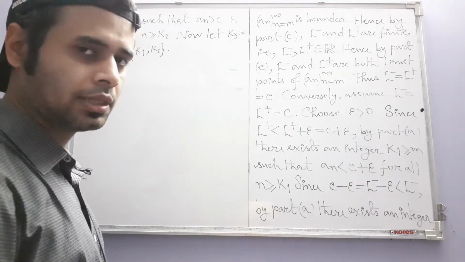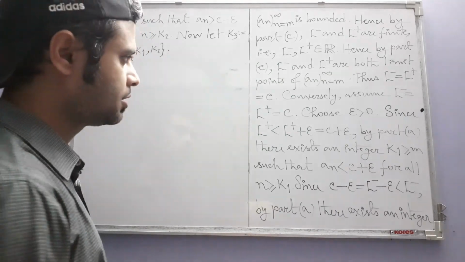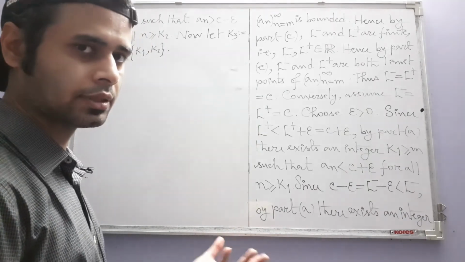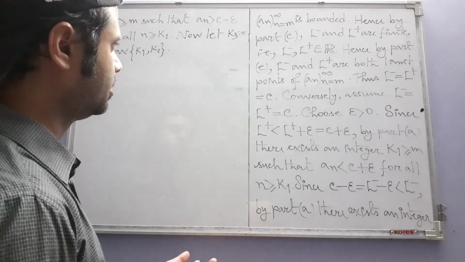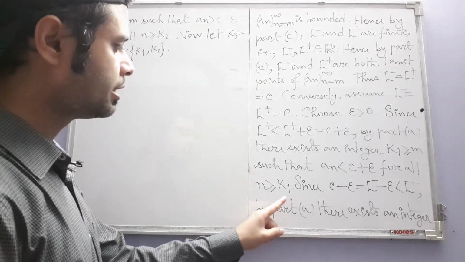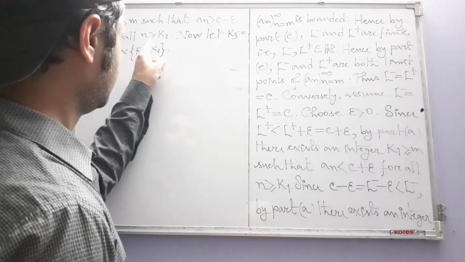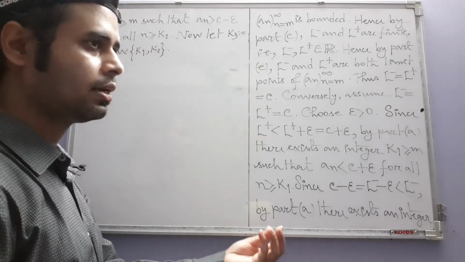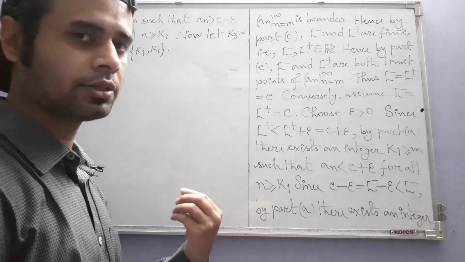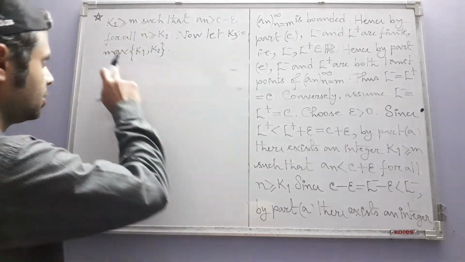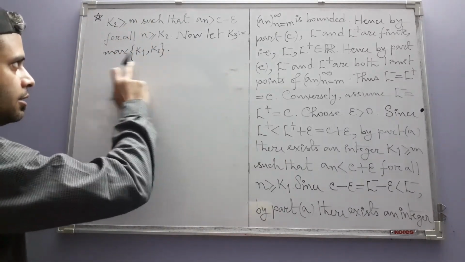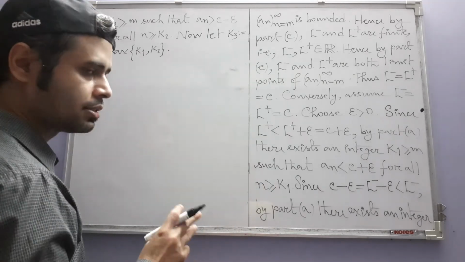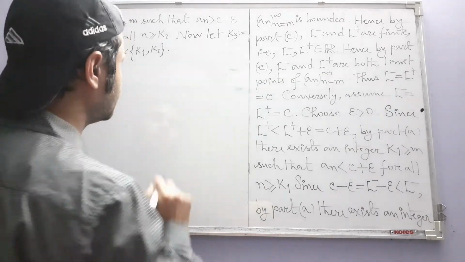However, the more you see them 2-3 times, you will see that there is a pattern of how the things are appearing. When you have two stages like k1 and k2, it's most often that you have to consider a k3 that is larger than or equal to both of them. So that's why we choose maximum. You see this occurring many times.